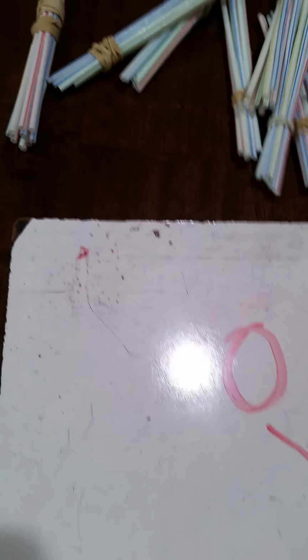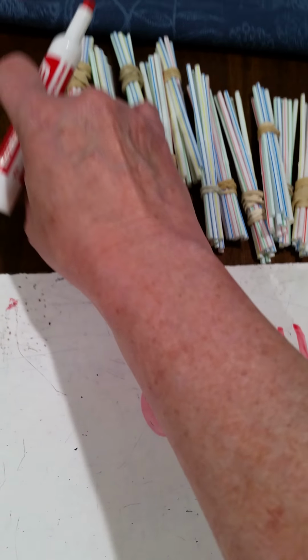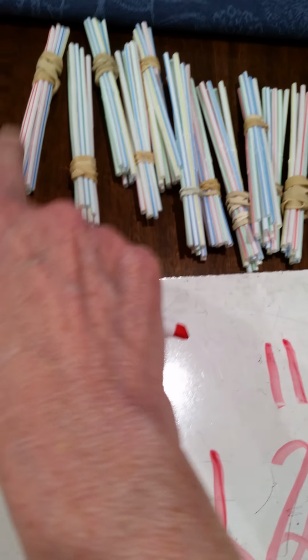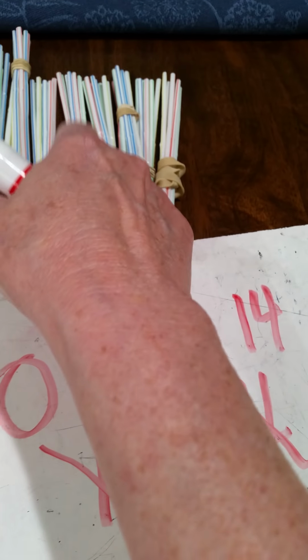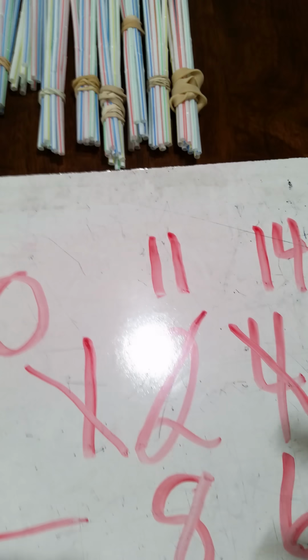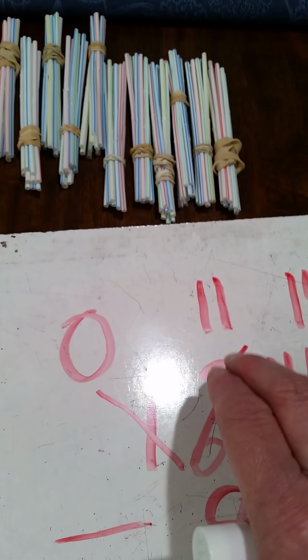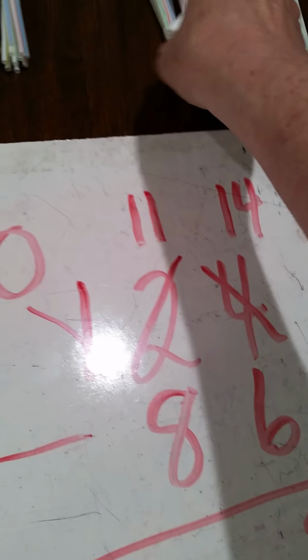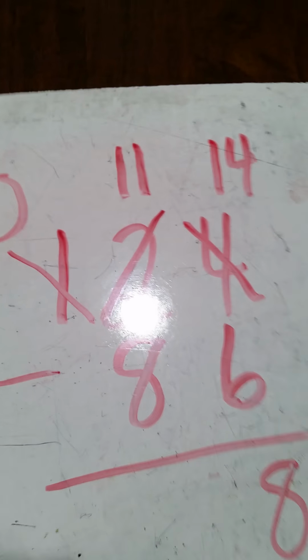I took the 100 that was in the hundreds place and broke it up into 10 tens because they're now in the tens place. And now I've got 1, 2, 3, 4, 5, 6, 7, 8, 9, 10, 11 tens. Everything I do here, I have to document here or write it down. Now I have enough tens to take away 8. 2, 4, 6, 8.